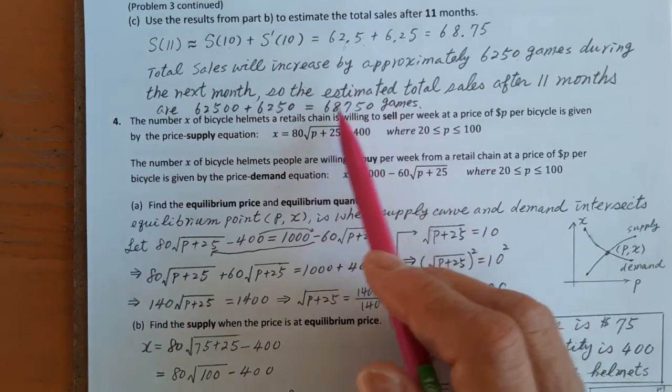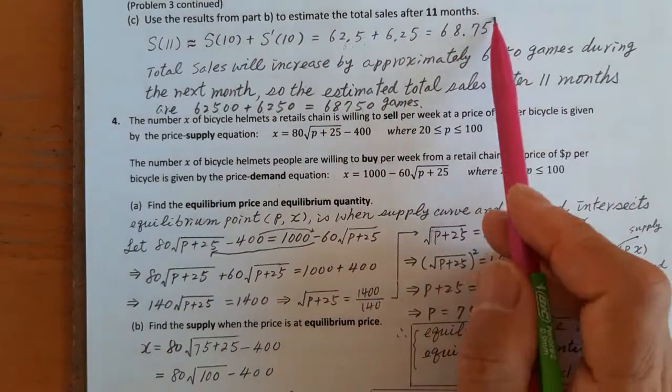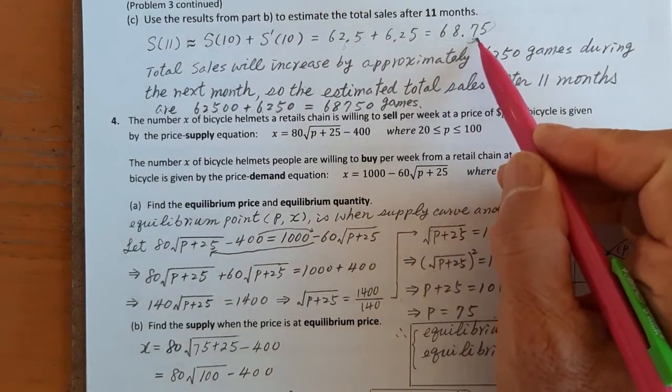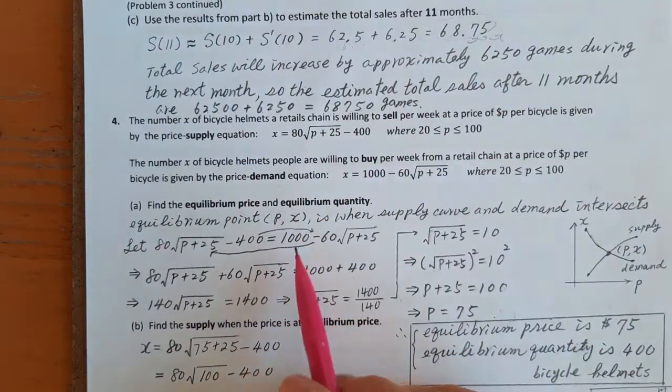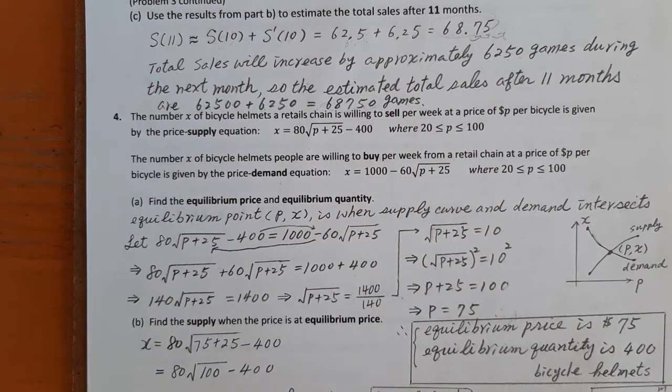Add together is 68,750 games, this one times 1,000. Move the decimal point to the right 3 positions. You got this one. That's question 3. Then question 4.